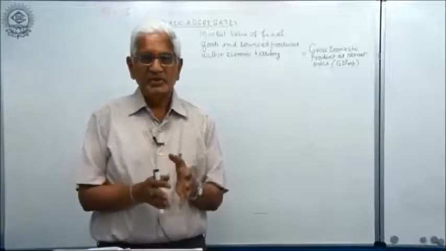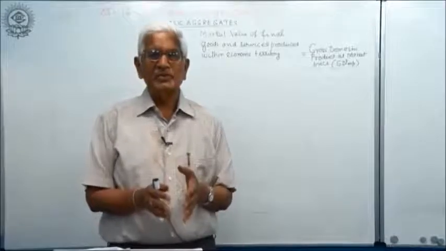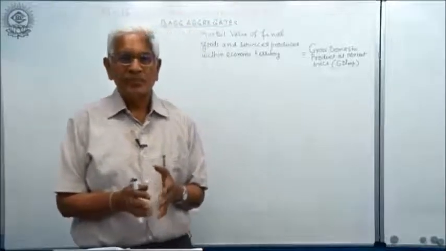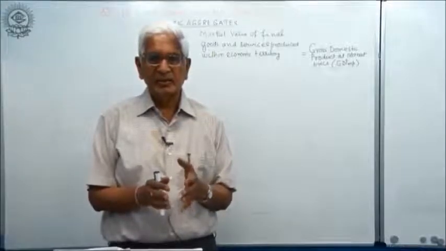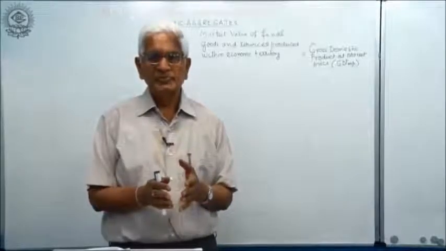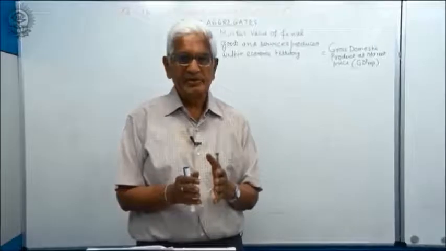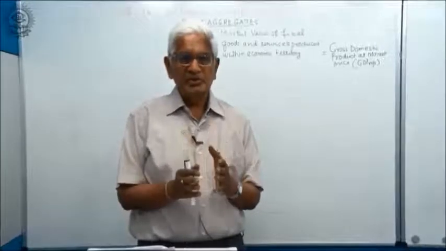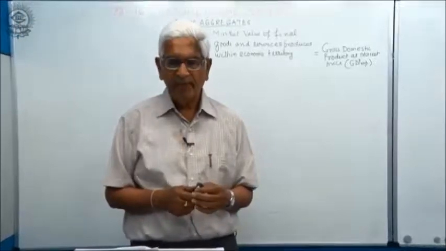National income, the term, is somewhat different from GDP. In what manner, we will see just now. But first let us introduce you to the three basic aggregates used in national income studies.